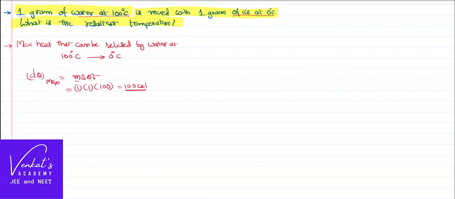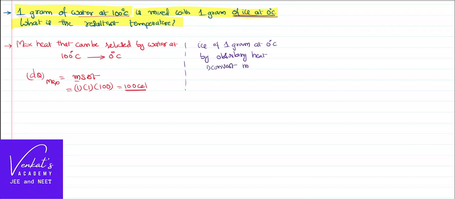Who will take it? This ice at 0 degrees centigrade will take it, right? So what can we do in that case with respect to ice? Ice of 1 gram at 0 degrees centigrade, by absorbing heat that is available from the water, what will it do first?